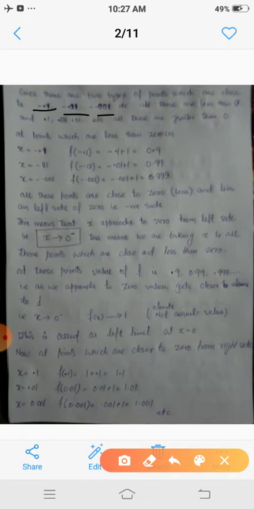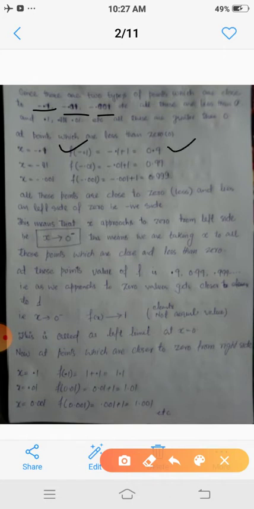Now the points which are closer to 0 from the left side, that is which are less than 0, like minus 0.1, the value of the function is f of minus 0.1, that is minus 0.1 plus 1, because the function is defined by f of x equals x plus 1, which is 0.9.